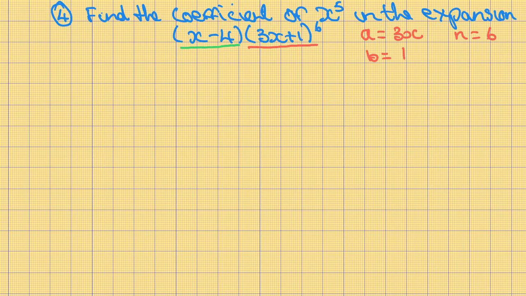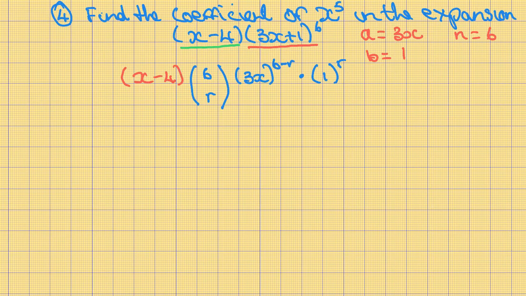So now let's start expanding. So I get 6 choose r. I'm going to have to find r first. A is 3x, so (3x) to the 6 minus r times 1 to the power of r. Then I'm going to multiply that by x minus 4. Right, let's multiply out.